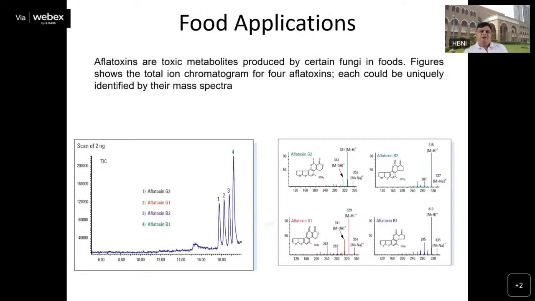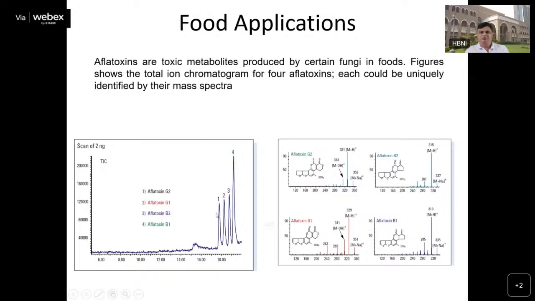So this is basically a study of aflatoxin. Aflatoxin is nothing but a toxic metabolite produced by certain fungi in foods. This figure shows the total ion chromatograms of four aflatoxins, and each could be uniformly identified when LC is combined with the MS. Then each of these aflatoxins is identified by its mass spectrum.